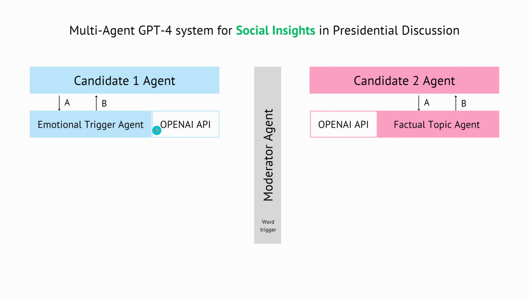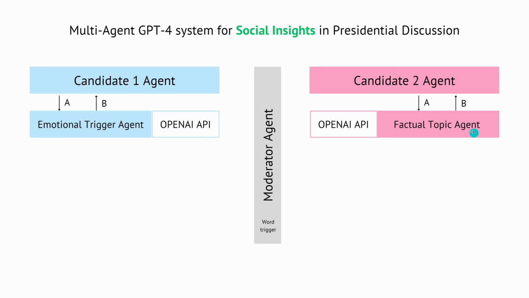You can connect to the OpenAI API, get access to GPT-4, and see how you should formulate an emotional trigger. Let's say candidate 2 is more based on factual information. He would like to argue about factual data, about what you can fact check. So you have also an API to OpenAI, GPT-4, the same example.